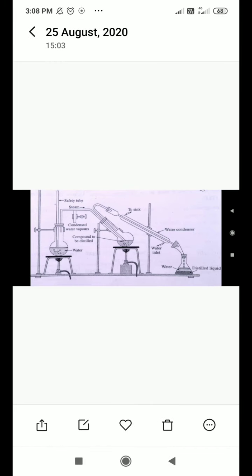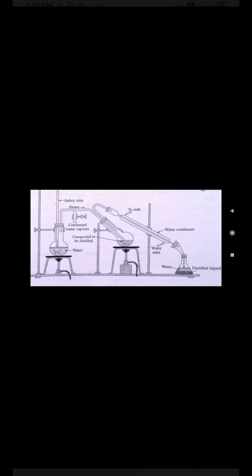For example, compound A and compound B. Compound A has a high boiling point, whereas compound B is non-volatile, placed in the middle RBF. Then this is connected through a condenser, and through condensation we get the distilled liquid. This apparatus is arranged as we discussed.